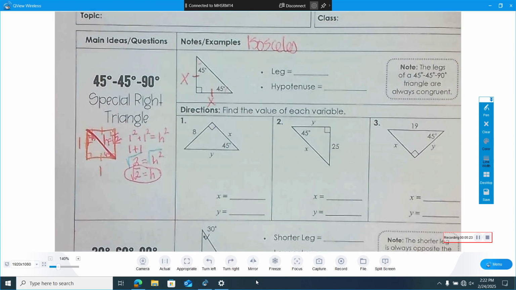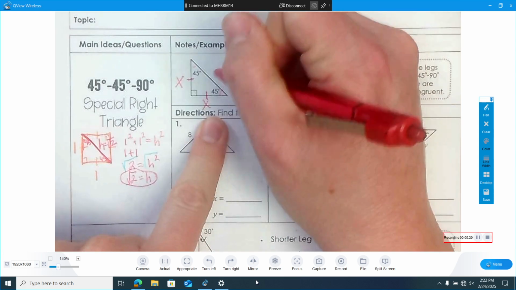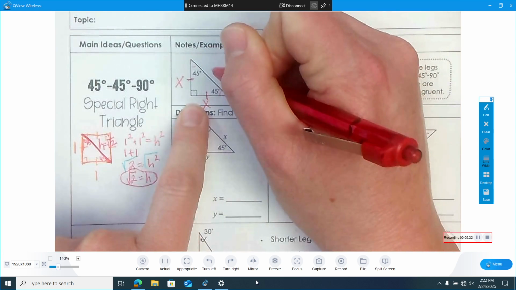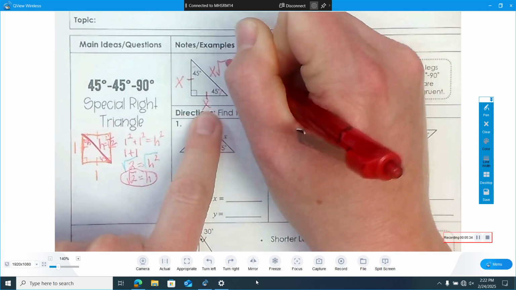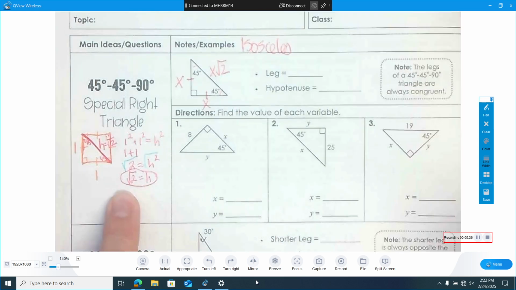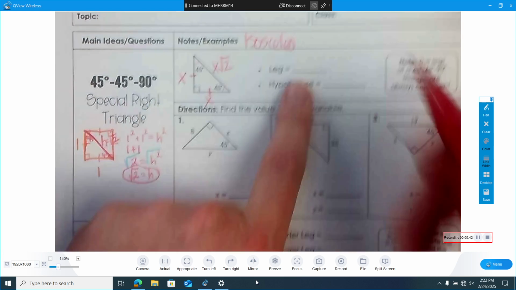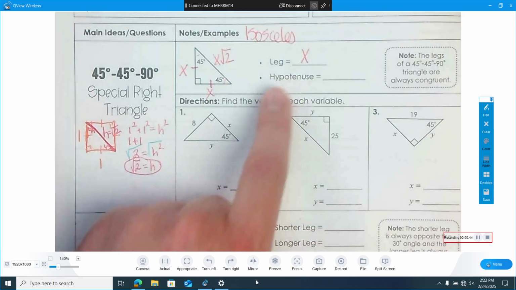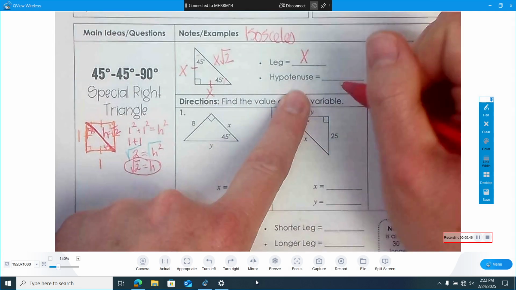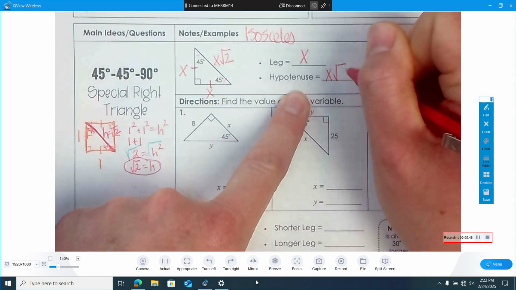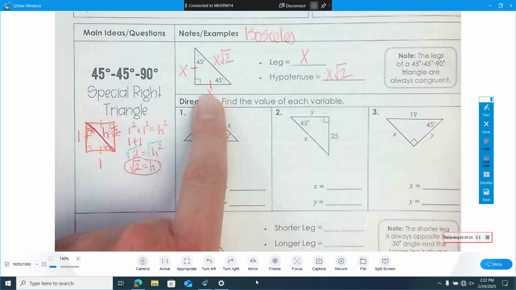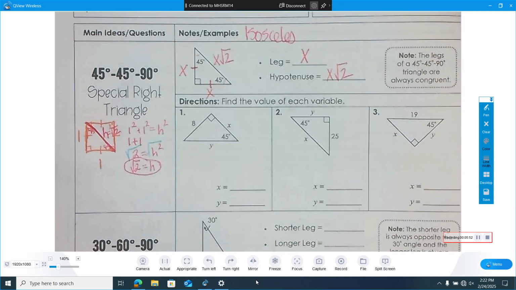In this triangle, they were length 1. We're using x to represent any side length, okay? All I have to do to figure out the length of the hypotenuse is take that side length and multiply it by radical 2. It is radical 2 times longer than those legs. So our legs we call x, they're both legs, and then the hypotenuse, we just take that leg length and multiply it by radical 2, and that's all we have to do.